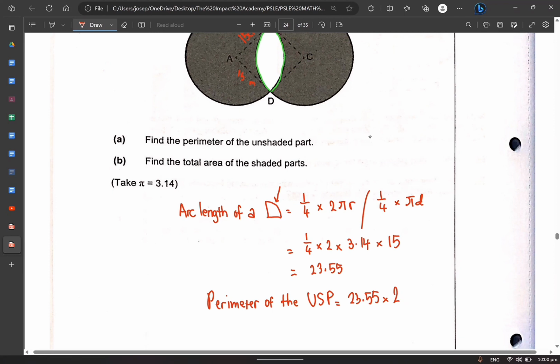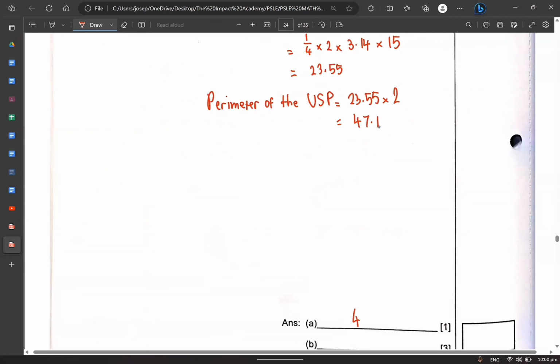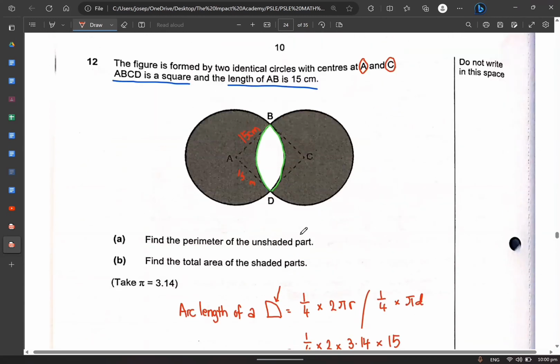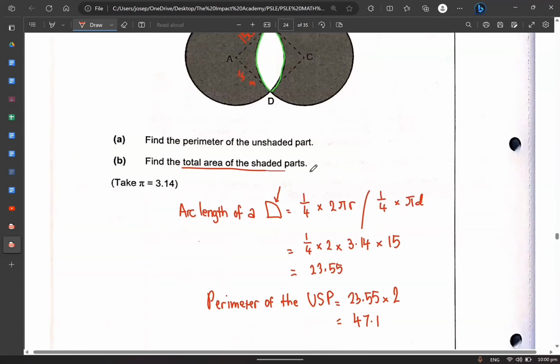Okay, so when you do that, you'll get an answer of 47.1. Now of course I go to my answer blank and I will just put 47.1 cm. Don't forget your units. Now, once this is done, they want us to find the total area of the shaded parts.